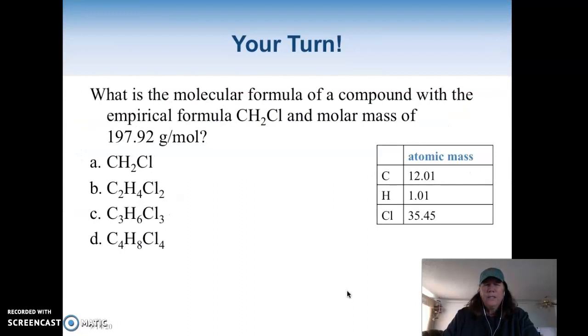Okay, what is the molecular formula for a compound with the empirical formula CH2Cl, and this is what its molar mass is. Again, what I'm going to do is find the mass of this. 12 plus 2 is 14, plus 35.5. What's that? I got my calculator here. 12 plus 2 plus 35.5 equals, that's not right.